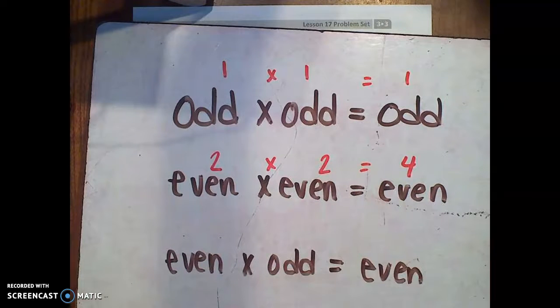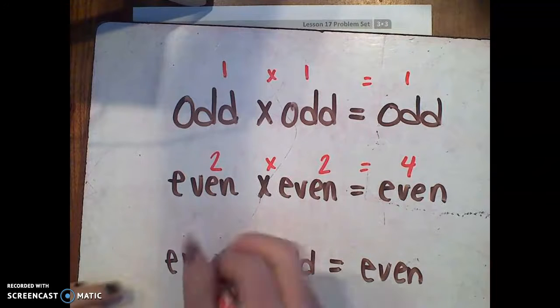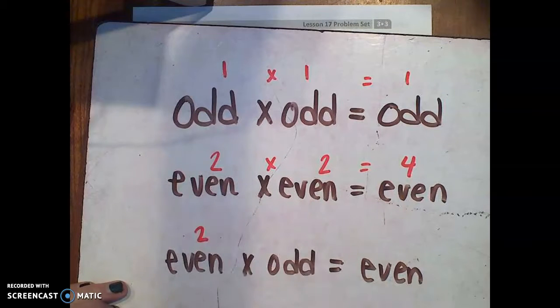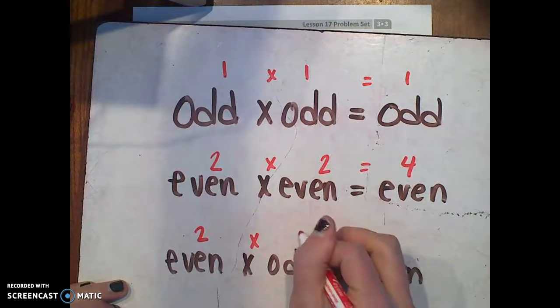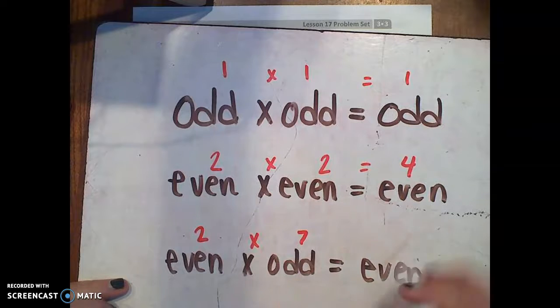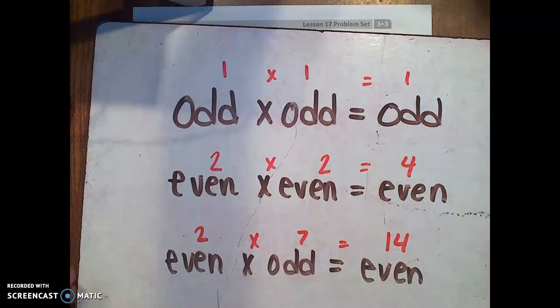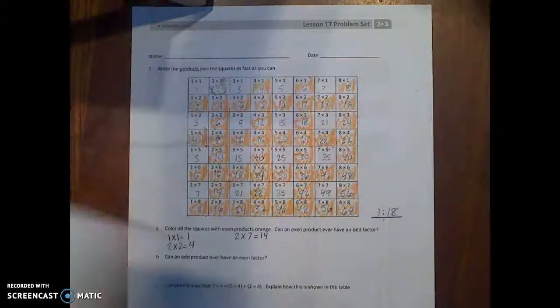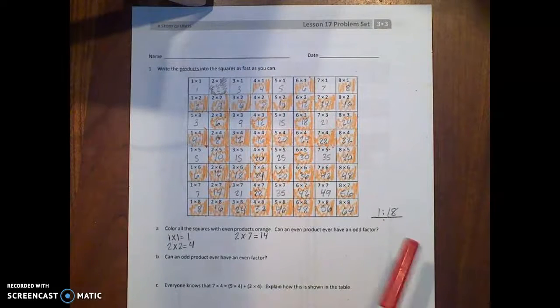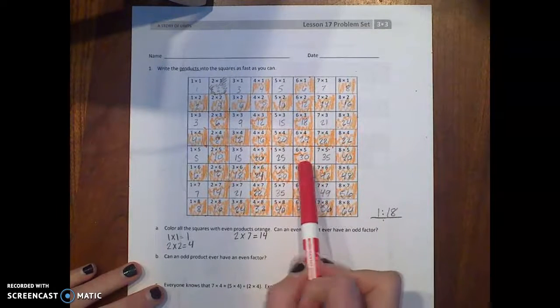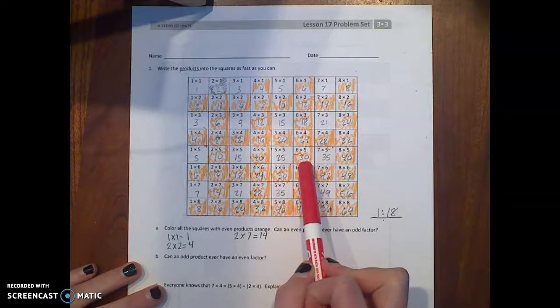Because the example we found, 2, an even number, times 7, an odd number, gives me 14, another even number. Let's make sure that's accurate. Let's see, what about 6 times 5? 6 is even, yes. 5 is odd, yes. 30 is even. So even times odd equals even.